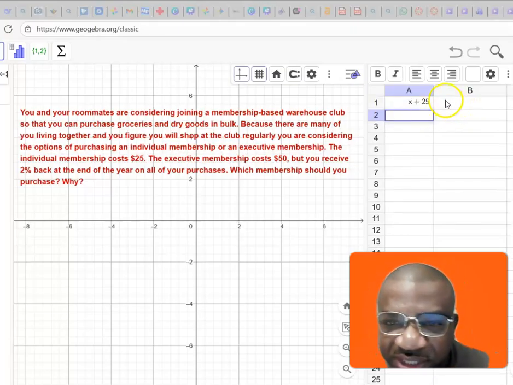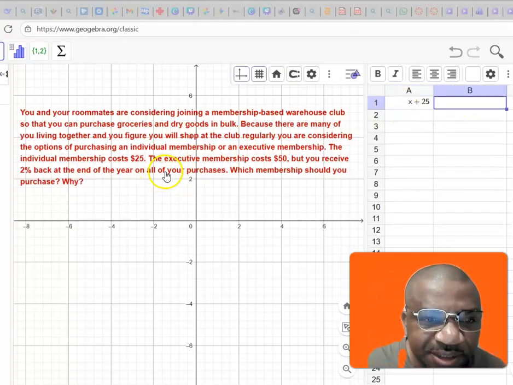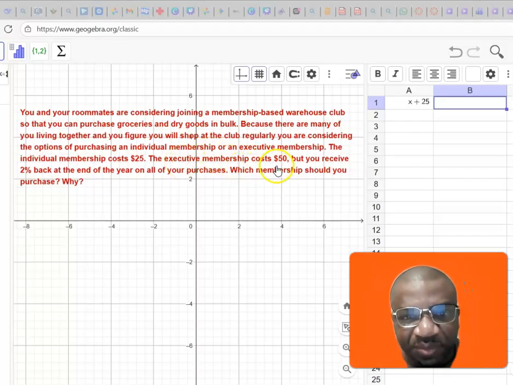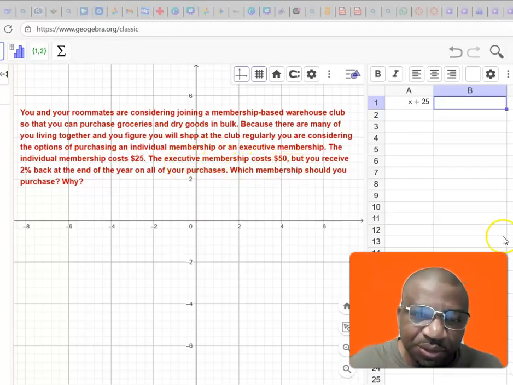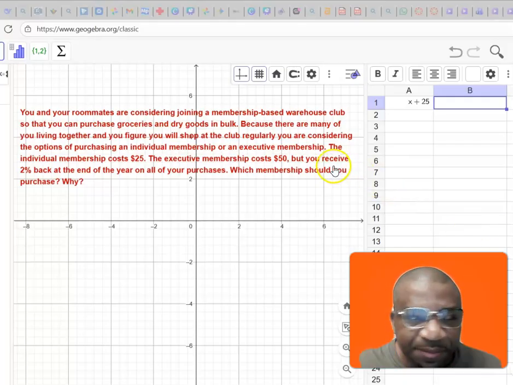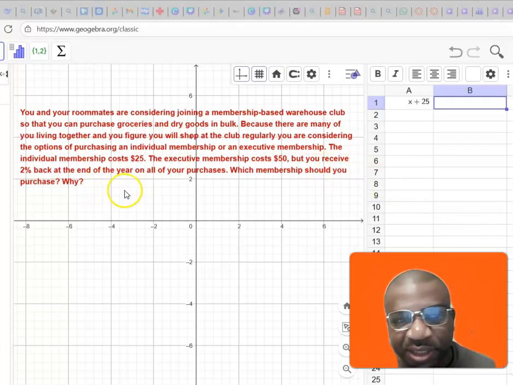Then we move to the next column, which says the executive membership costs $50, and also we will receive 2% back at the end of the year if we decide to go for that.